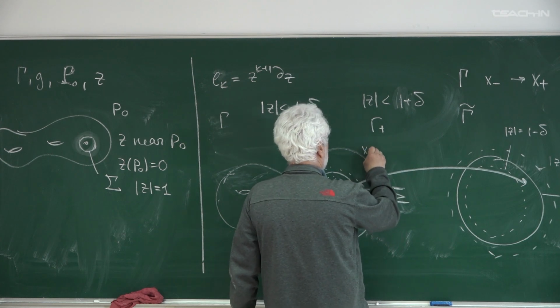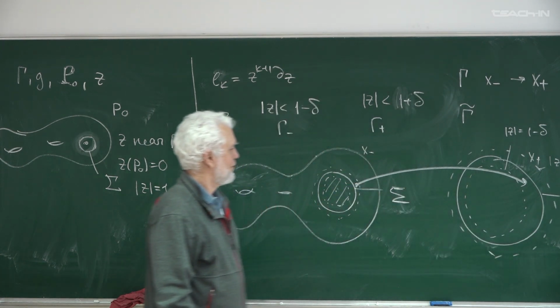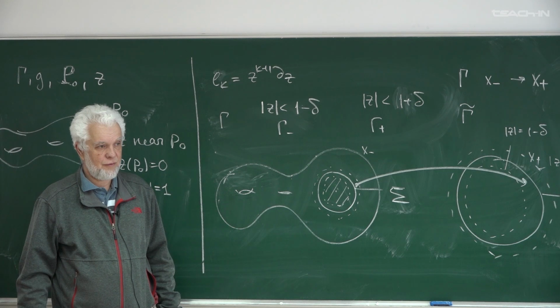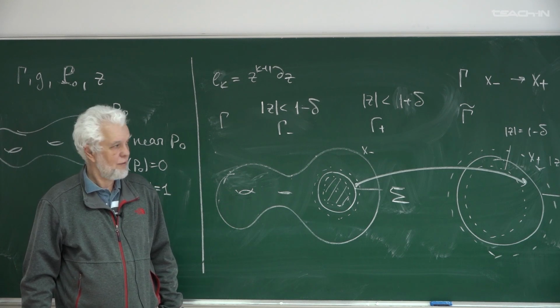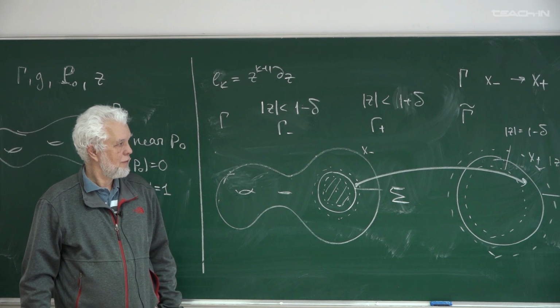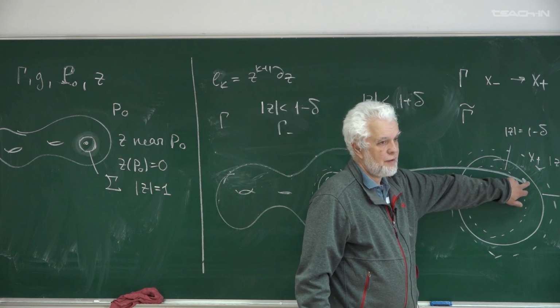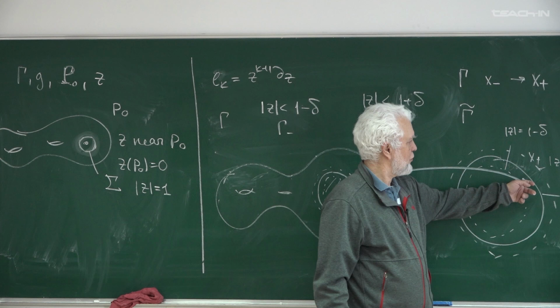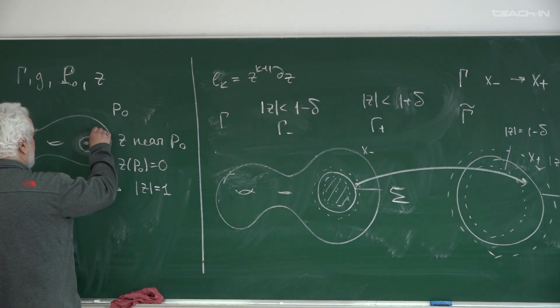The point x minus is close to point x plus. X plus is minus x minus. The same point. At this part we denote x minus, at this point we denote x plus. But it's the same point on the original Riemann surface.